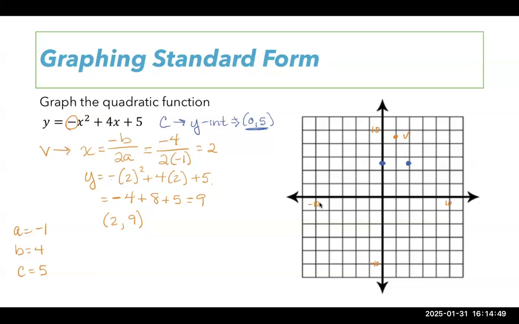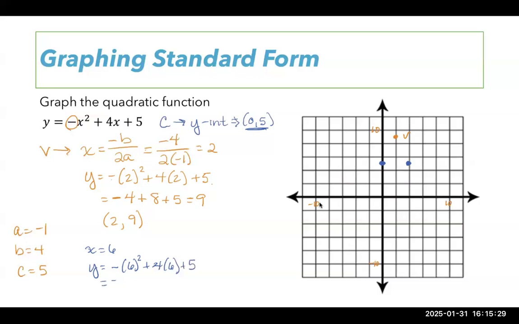And so now I just need to, again, find one other point and reflect that to get my last 2 points. So looking at what I have here, an x that's close by, maybe I'll go with a, let's see, I don't want to get too tight in there. So maybe I'll go with a 6. Okay, so if x equals 6, then y is going to be -6 squared plus 4 times 6 plus 5.